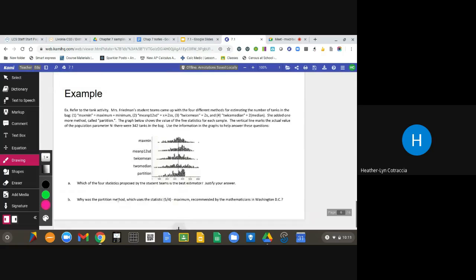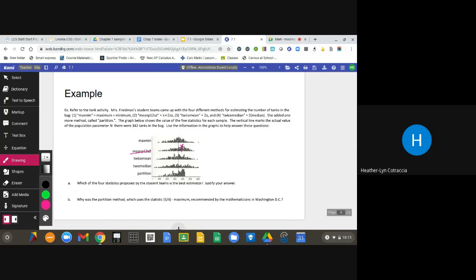So here's an example. You can pause this if you want to, but we're going to just look through and see which one of these would be the best estimator. So let's look and see, first off, which ones the center matches. The center of your distribution has to be the center. I would say probably this one does not work because your center should be a little bit more in this direction, I would assume.